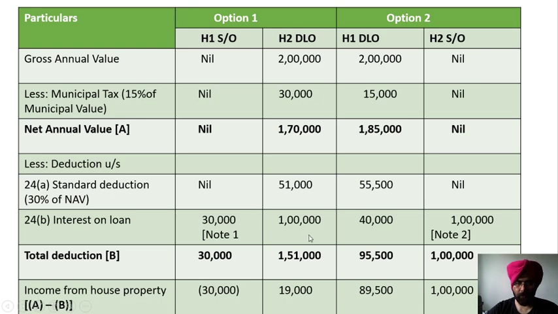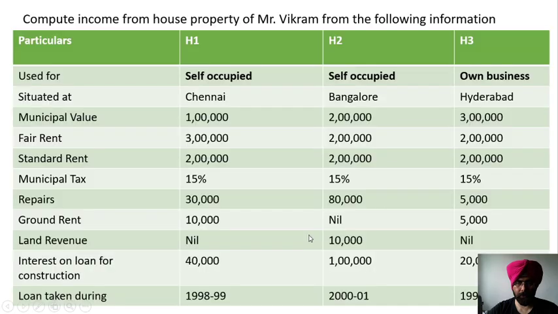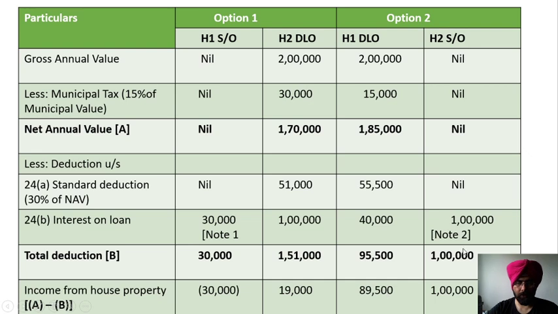But for house 2, the full amount of 1 lakh rupees is available. So you can see that out of 40,000 we have taken 30,000, and out of 1 lakh for house 2 loan we have taken the complete amount as deductible. So in case of house 1 property there is a loss of 30,000, and in case of house 2 property there is income from house property of 19,000.